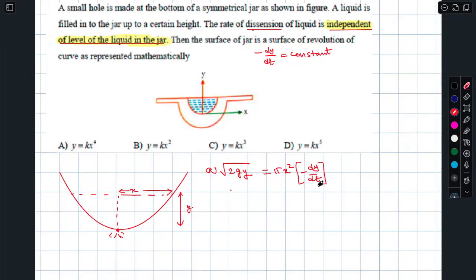So we will take all those constants, for example root 2g a root y equals pi minus dy by dt x square. This entire portion is a constant. So if you permit, I will write this as some k x square.